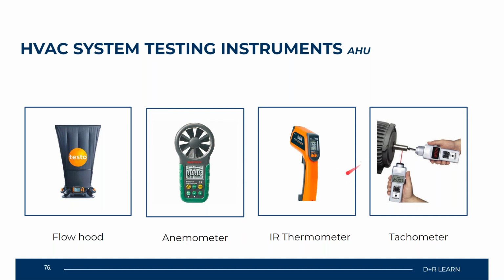And over to the right, we've got our IR thermometer, and this is just used to obtain supply and return temperatures from different types of equipment that emits heat. So you can use these devices on your fan motors to see what the temperatures are of a pumping system, of some fan motor systems, from your supply and return air ducts.